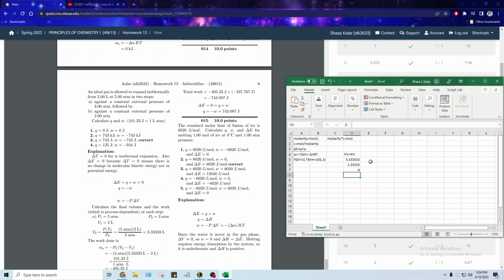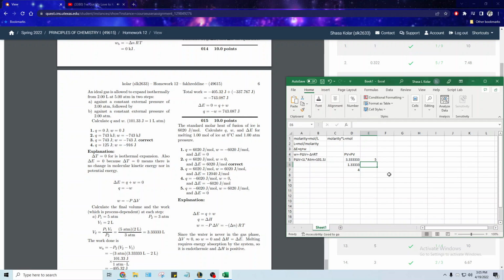Then we do the same thing again. So let's put this in parentheses. We have this times, this is our new volume, and it was at 3 atmospheres, divided by our new atmospheres, just 2.